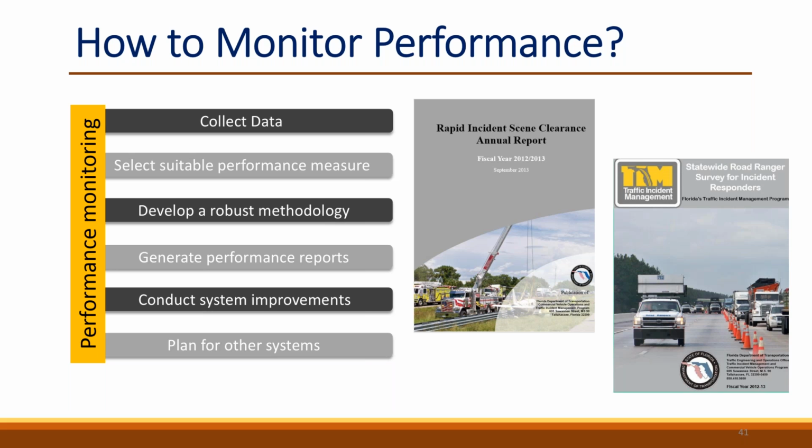Do you use reduction in speeds, or variance in speeds? We have to identify the most suitable performance measure, develop a methodology, and apply it to estimate the performance, then generate performance reports, and depending on that, tweak the strategy to see if it could be deployed at other locations, or just to evaluate how good or not so good the strategy has been.